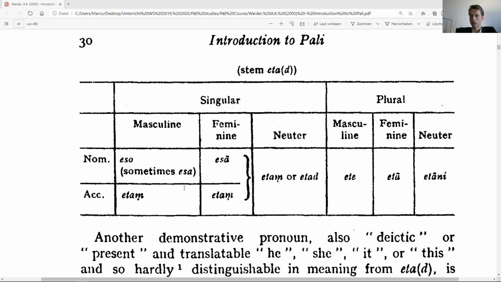So perfectly parallel. Hence, if you learn one, you vicariously also learn the other one by just adding or subtracting the prefix e.